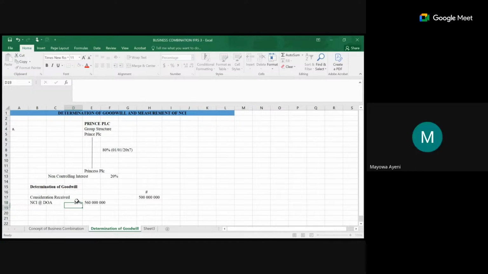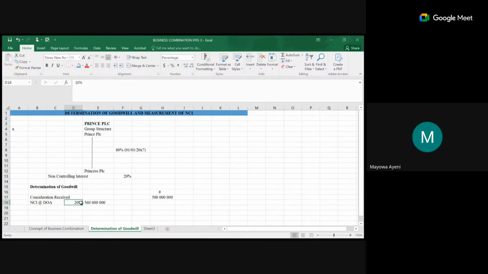I formatted everything to be in accounting, but percentage is still showing there. Okay, 0.2.